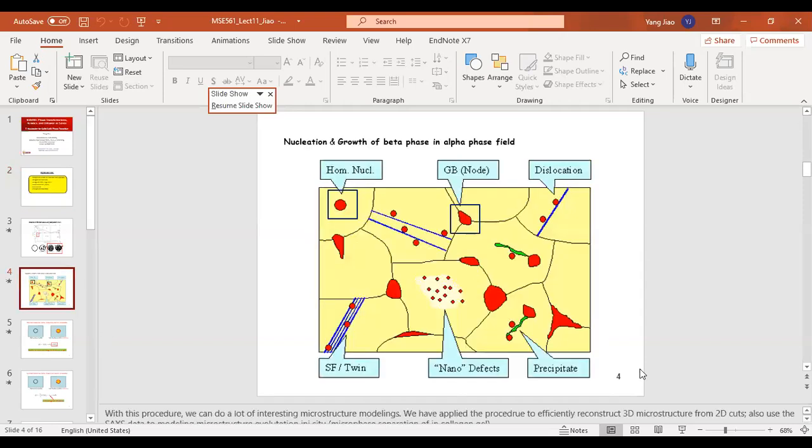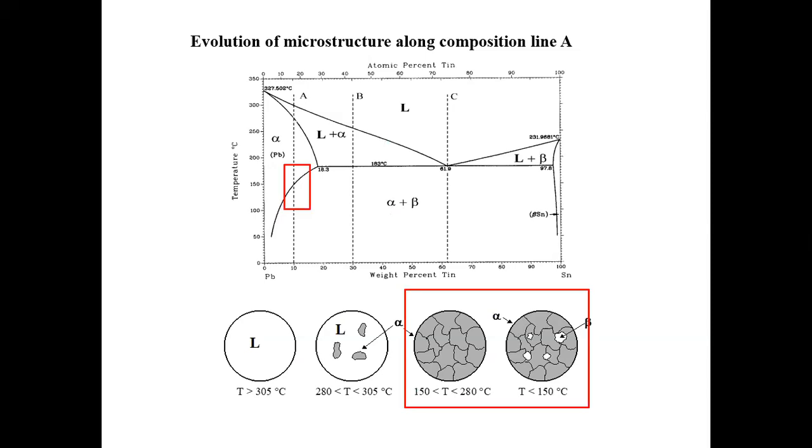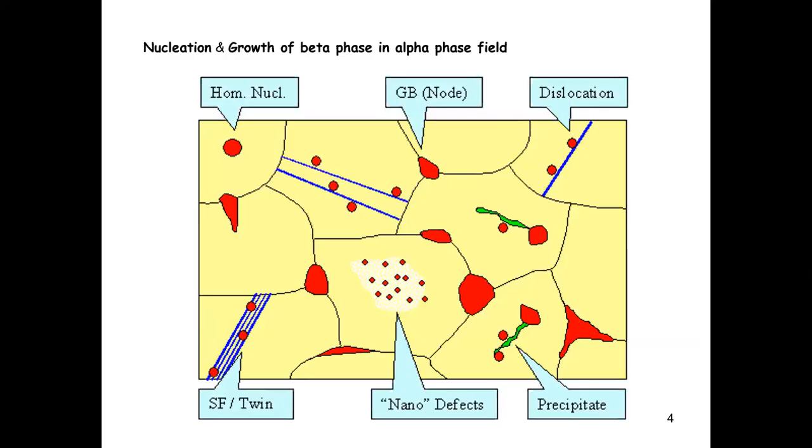Okay, so now let's get to the real part of this lecture. From the phase diagram discussion, we basically say that we're going to focus on this transformation pathway, right? And here is a schematic showing all the different types of solid nucleus that you can possibly have in this particular transformation pathway. First, you can have homogeneous nucleation.